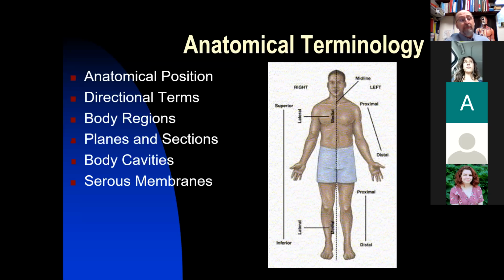Chapter 1 has a section on anatomical conventions: anatomical position, directional terms, body regions, the surface regions, sections and planes, body cavities, and serous membranes. There'll be a little bit on this, but most of this I'll do in the lab exam. And so this is more lab stuff that I'll do with diagrams.